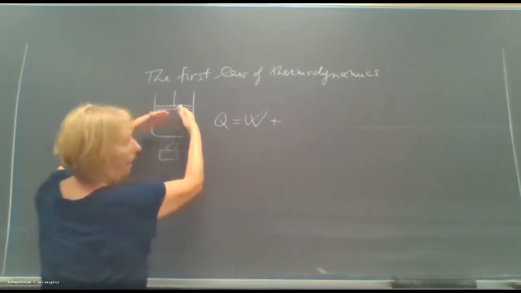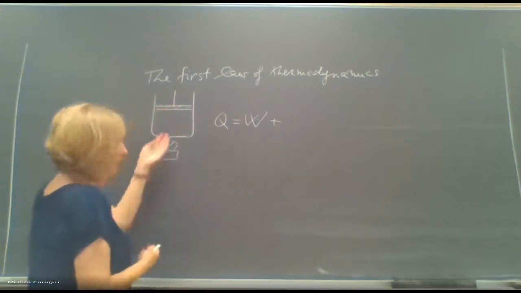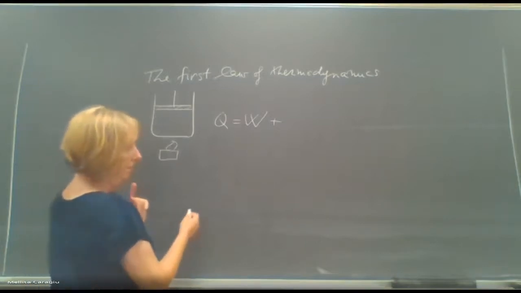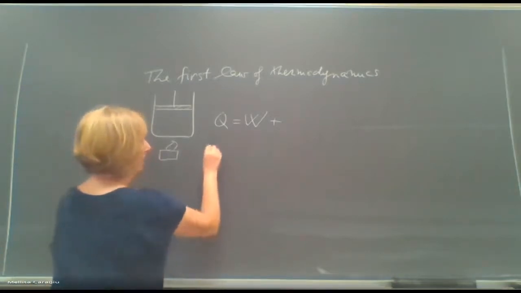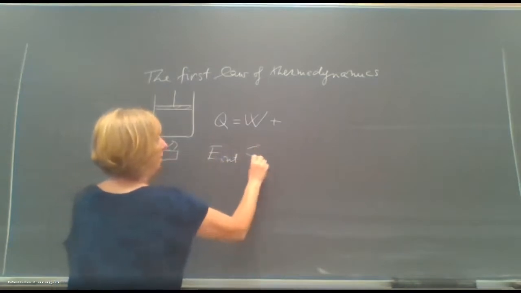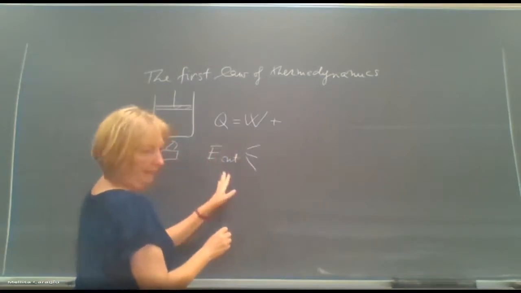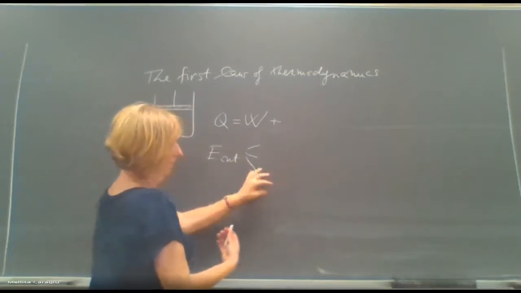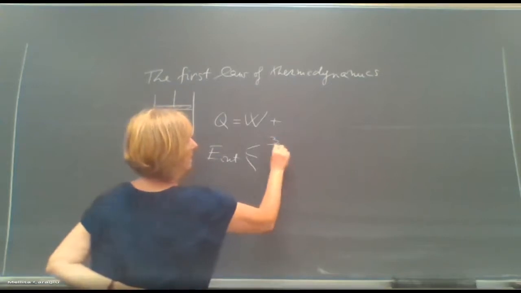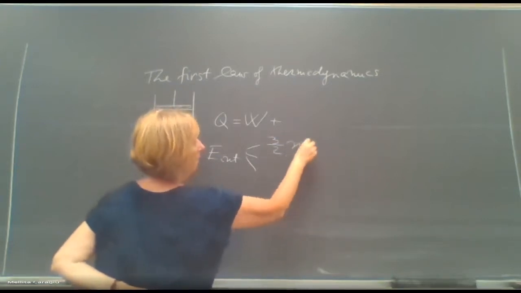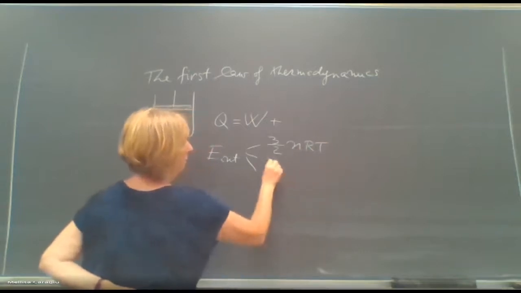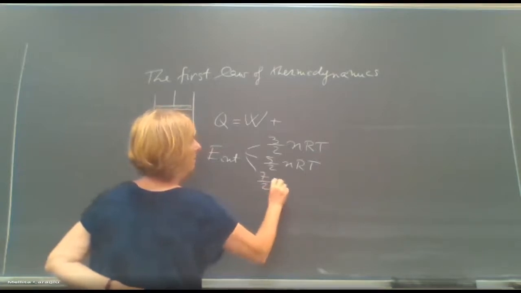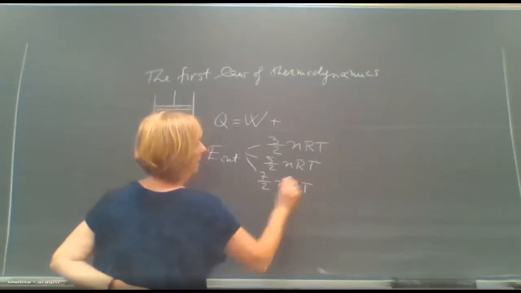And another part goes into literally increasing the temperature of the gas. But the temperature of the gas is connected to the internal energy, because we remember from the previous lecture, the internal energy of the gas, depending on the type of gas, monoatomic, diatomic, polyatomic, has these expressions: 3/2 nRT, or 5/2 nRT, or 7/2 nRT.